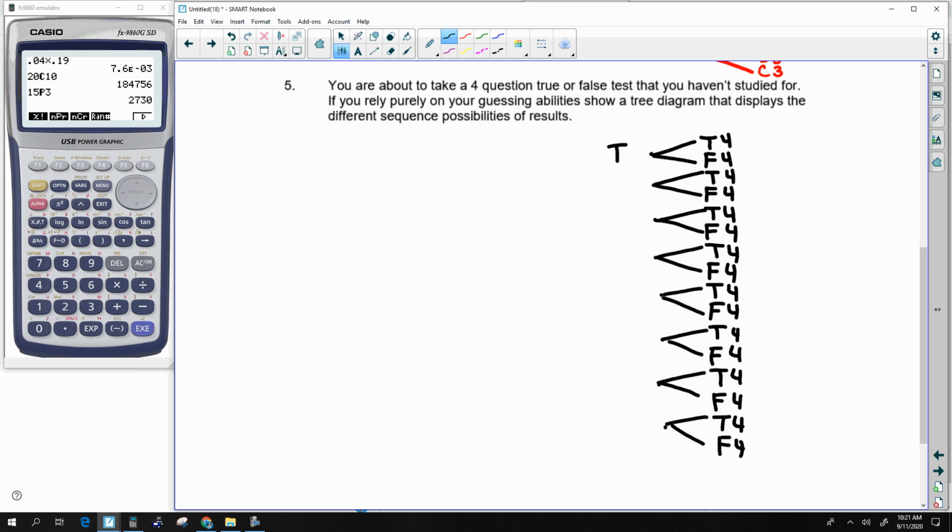This is question 3. Again, this is question 3.